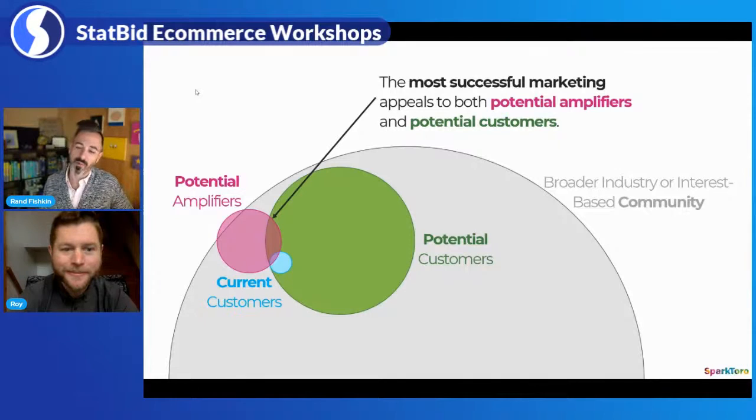I worry when marketing is exclusively targeted toward customers rather than amplifiers, especially when the ecosystem of how information spreads and how brands are built is often on the backs of these potential amplifiers.